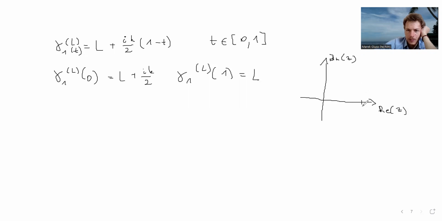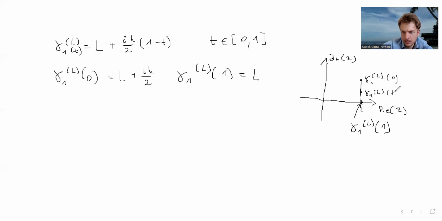And basically at some point L, this is gamma 1 parameterized by L of 0. And this point is gamma 1 L parameterized at 1. Okay. And in between, I'm linearly going down. So this is gamma 1 L at some intermediate point.